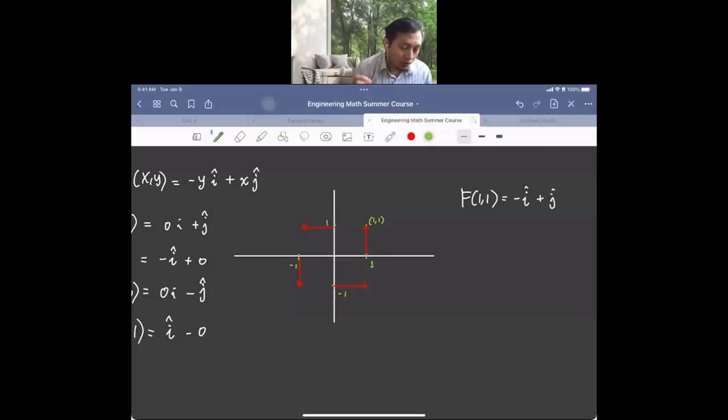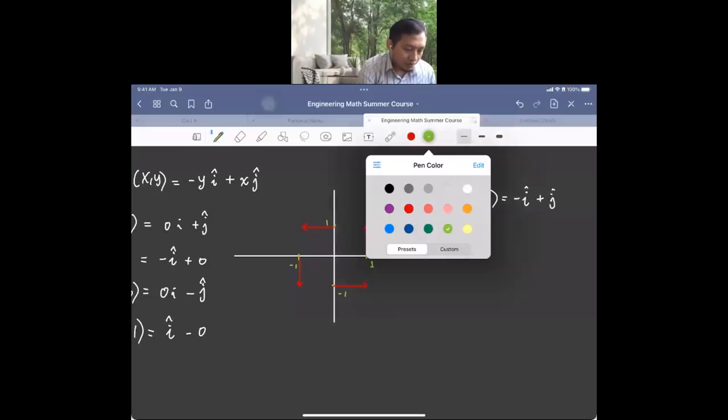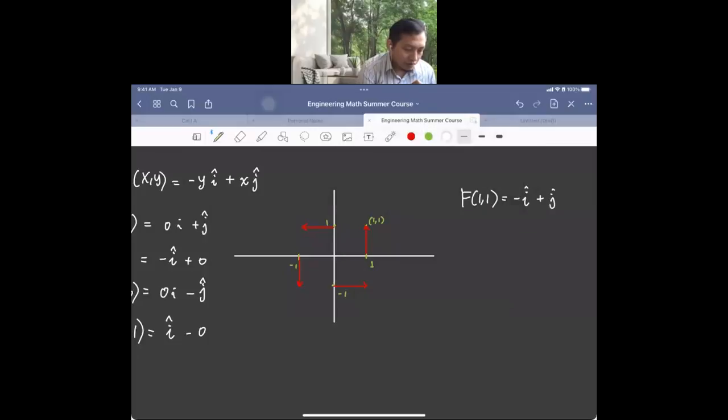So from this point, this is negative i, this is plus j, so we will have a vector that is going to be like this, right? That is our vector.